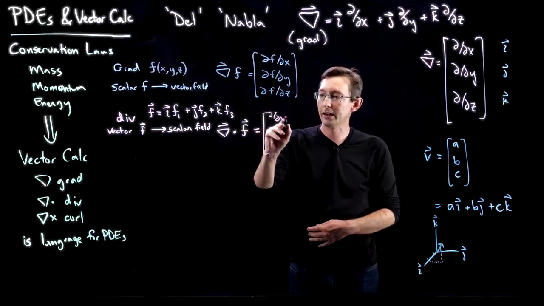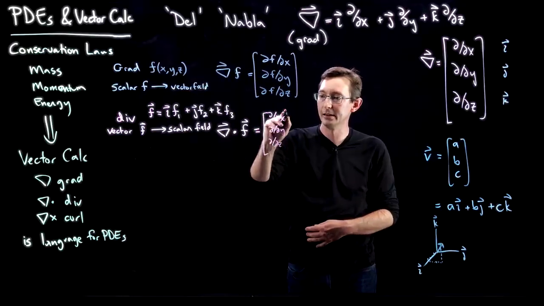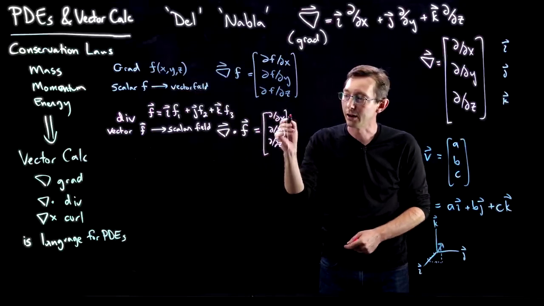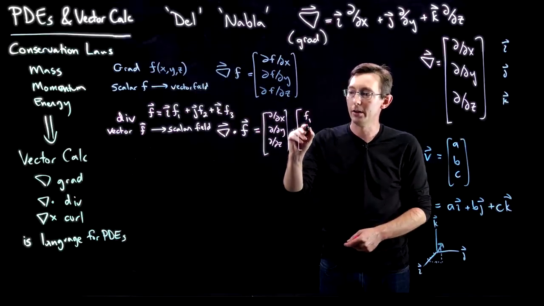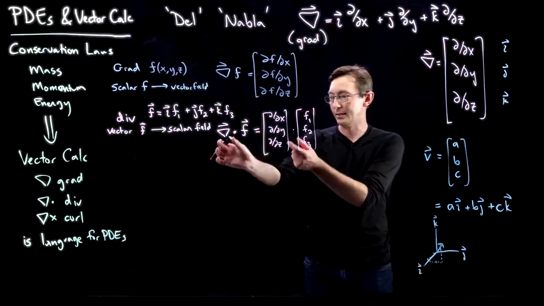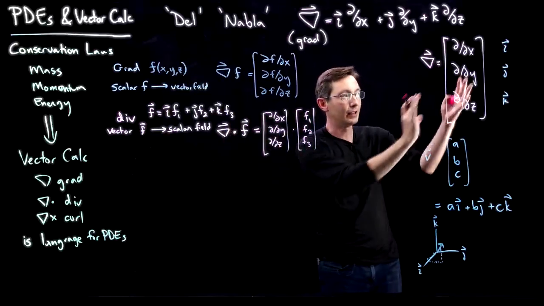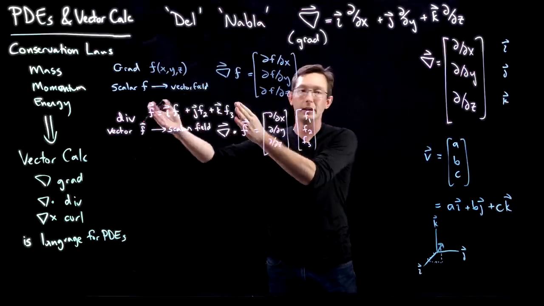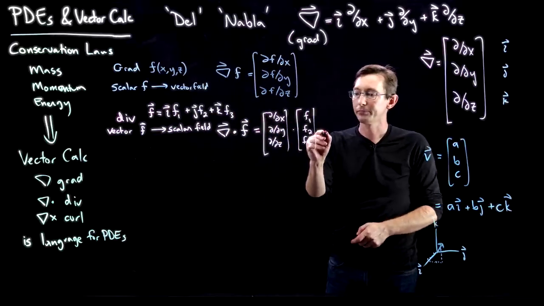It's partial partial x, partial partial y, partial partial z, that's del, dotted with f1, f2, f3. Okay? That's what del dot f is.